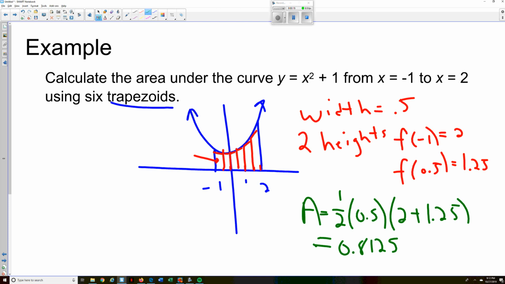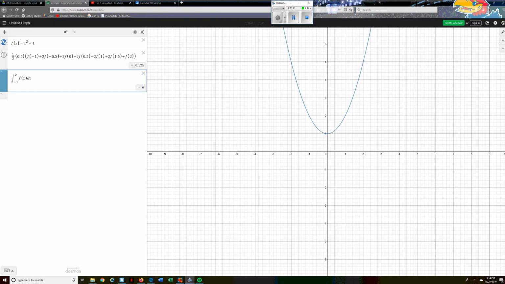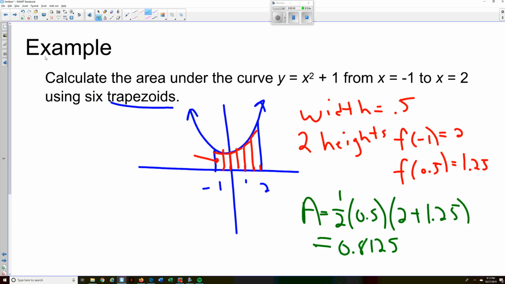Now, I'm not going to take the entire video to do that, but we're going to have 6 of those trapezoids, and I'm going to show you what the calculation on Desmos is. You can see the calculation here. Notice I did f of -1 plus, but I did 2 of these. If we go back, I have this one there once, but this one is in this trapezoid and this trapezoid.